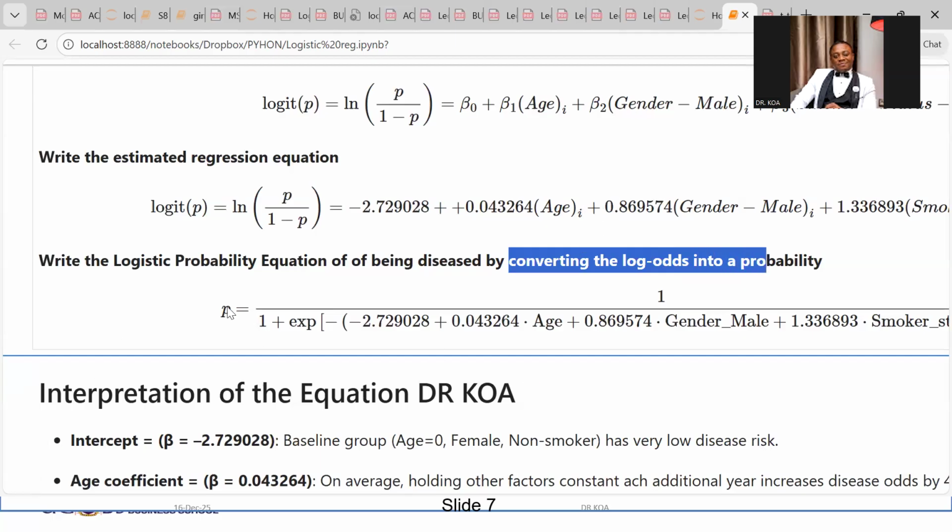So here, you are just writing the equation. That is just P equal to 1 divided by 1 plus the exponent of all of this. Don't forget that it is a minus Z. It is E raised to the power minus Z. That's what you see there.